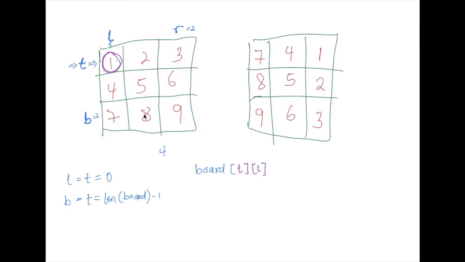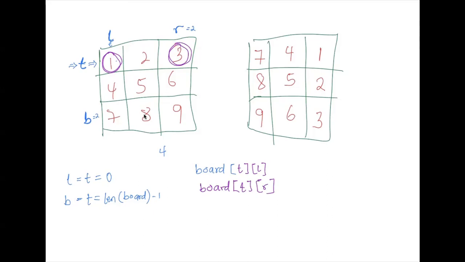We will take this guy and bring it here. How can we get the position of the element here? That's also simple. It is also board, the same row as the first element, so again row T, but the column is R.